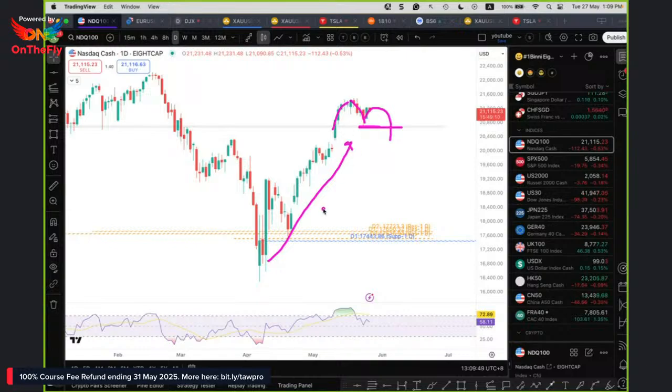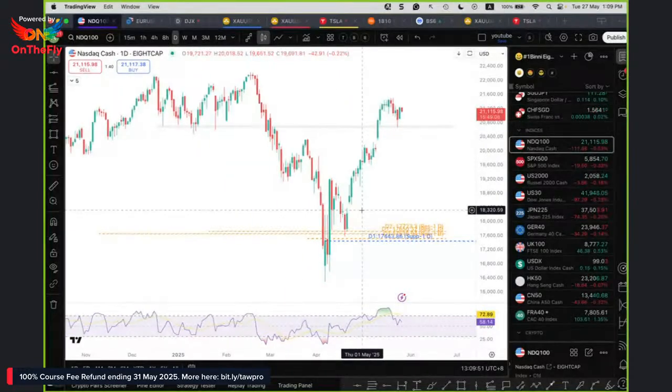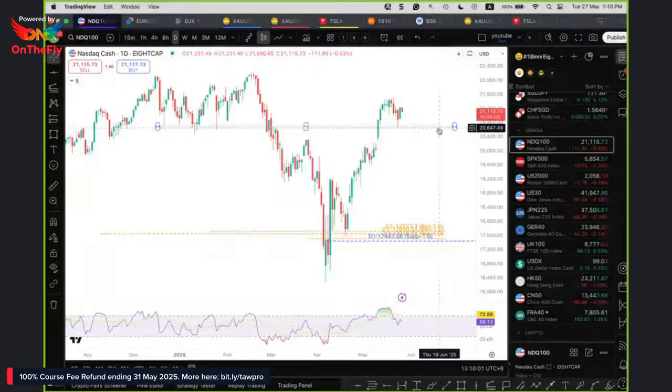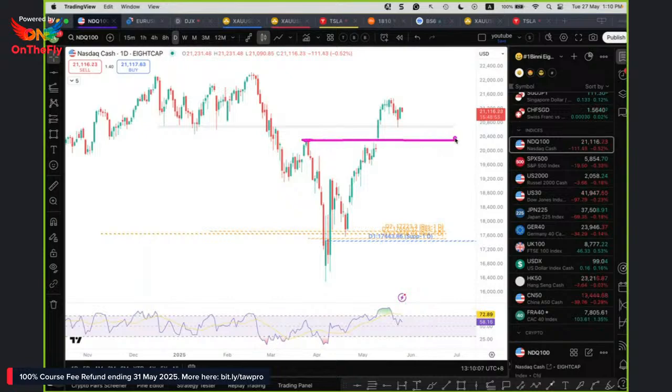Okay. So the key level that I'm looking at for NASDAQ is 20,600. Okay, 20,600. But the reason why I want to bring up this level here is because sometimes the market gets a little bit nasty, and the typical formation that we know is not going to work, because everybody sees the same thing.